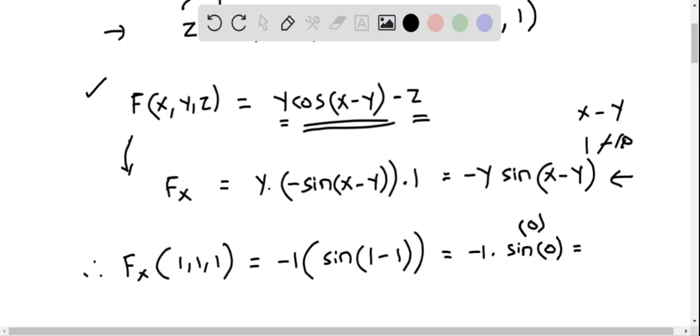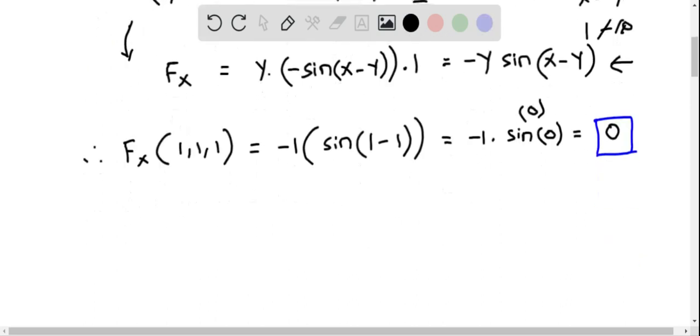Therefore negative 1 times 0 is 0. So we have determined this partial derivative at the point (1, 1, 1) equals 0.